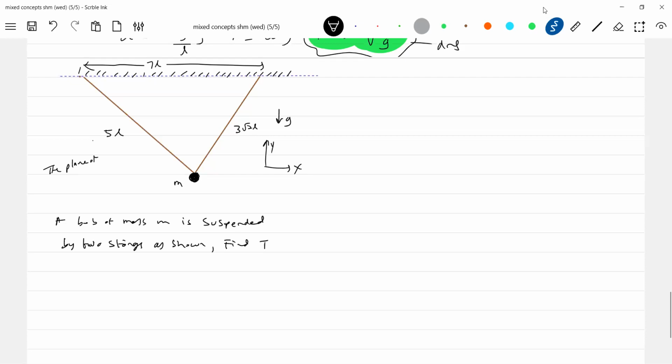If the bob of mass is suspended by two strings and I should find the time period, I'll write it better.